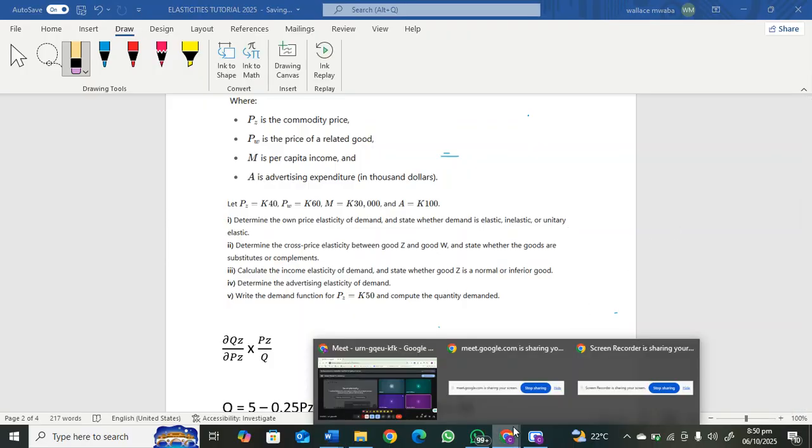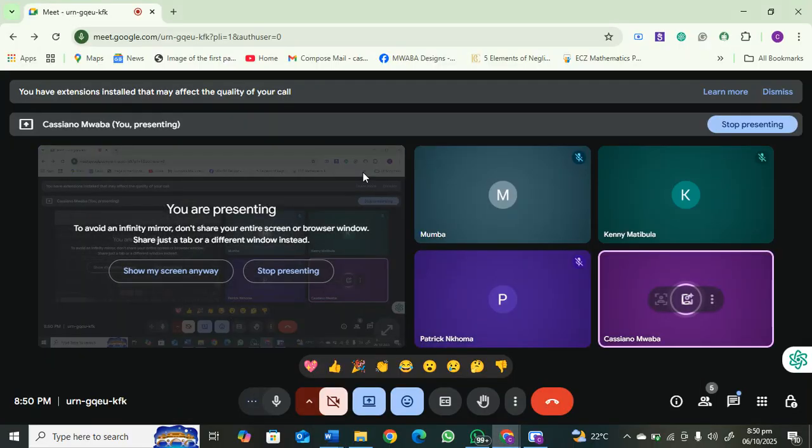Okay. So remember the trick here is all these elasticities of demand are about how quantity demanded is responding to something else. Price elasticity of demand, quantity demanded was responding to the price of the good.